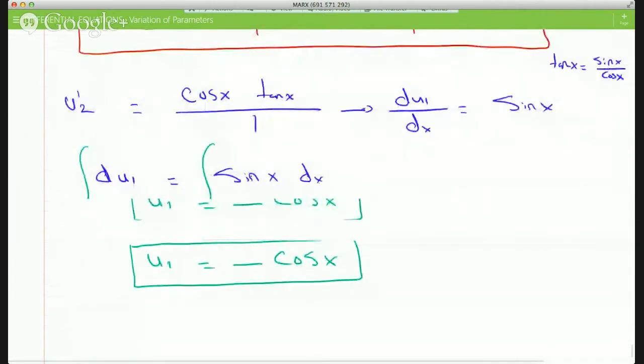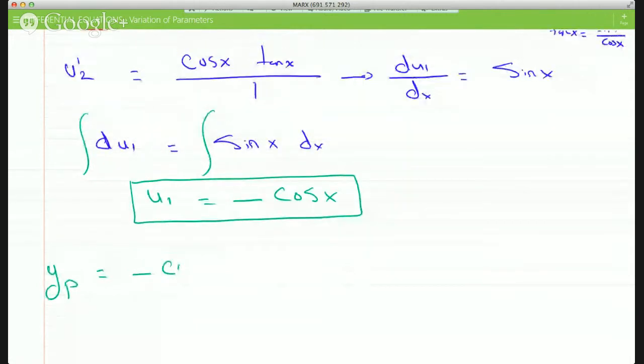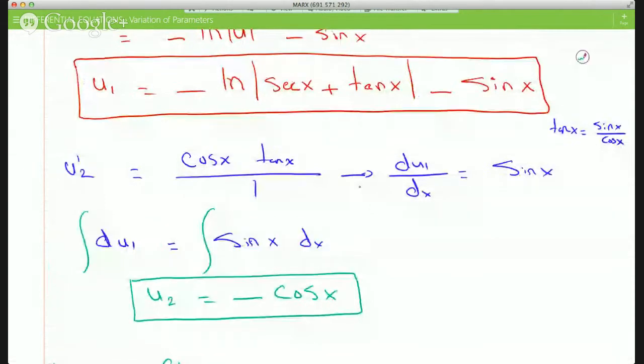And I would get u2 to be minus cosine x, since the integral of sine x is minus cosine x. Now I can write down my y particular. Oh, sorry, this was u2, not u1. You already found u2.